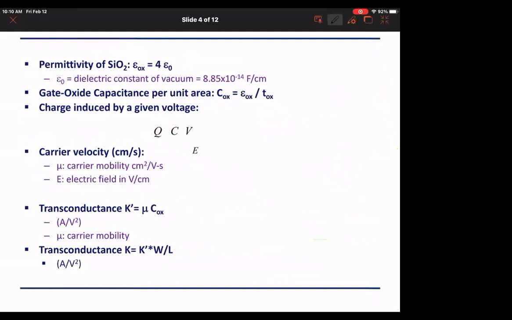So there are some parameters that we need to take into consideration.